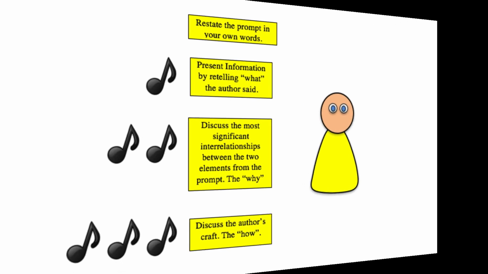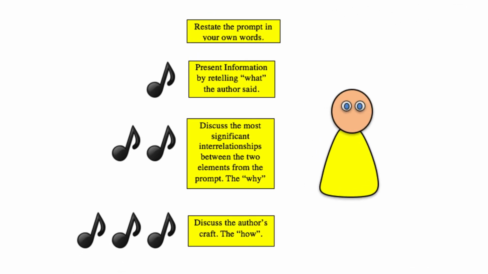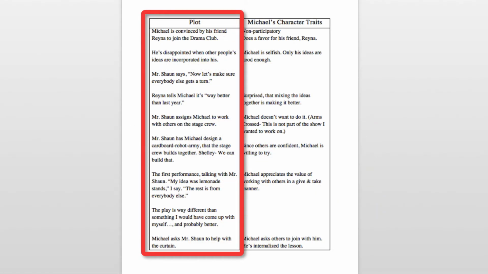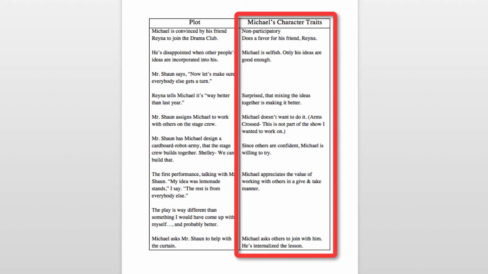The older writer will organize the essay as a series of beats. The first beat will present the plot elements necessary for the analysis. The second beat explains Michael's changing character over the course of the story and relates it to those plot elements. The writer will explain how and why the author made these choices.